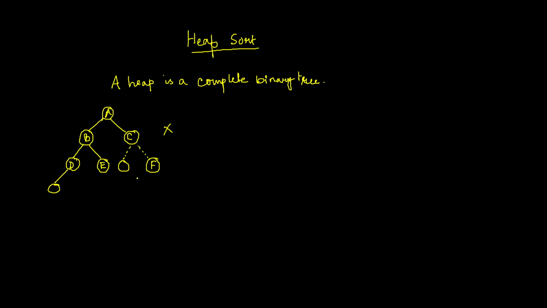Now, how can you find out whether a tree is a complete binary tree? To realize this, one more point you have to remember: how we can represent a tree in an array. Suppose I have an array like this, and I want to store the values of the nodes of the complete binary tree in this array.